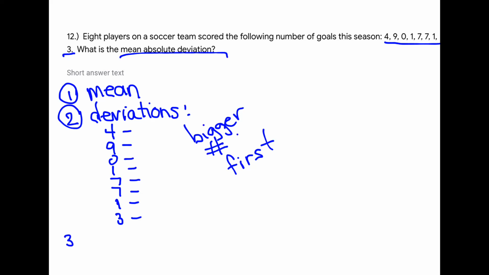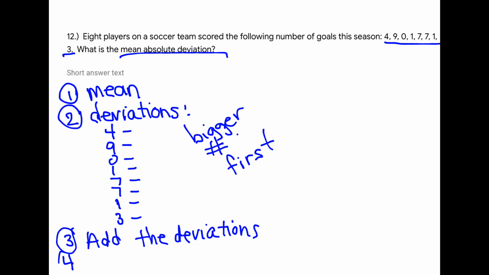For step 3, you need to add the deviations. And then you're going to divide by the number of pieces of data there are, which we already said was 8. So you're always going to be dividing by 8.